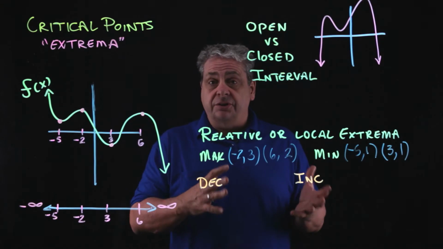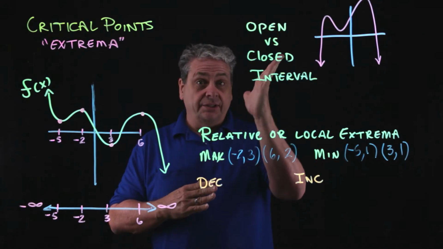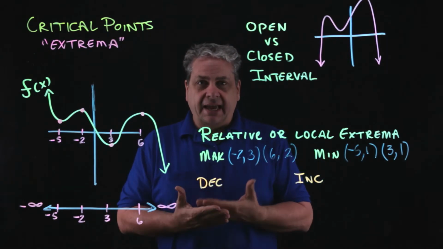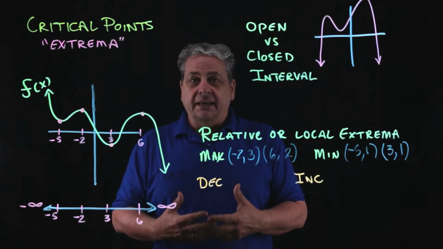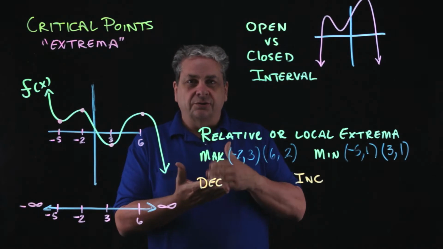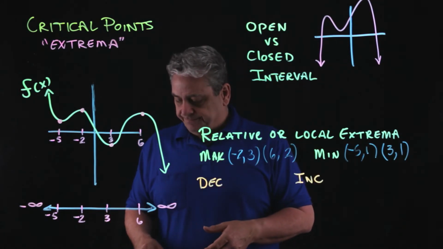Now what we know is that to the left and to the right of those, the graph is either increasing or decreasing. If we understand what's happening to our f of x values as we move left to right, if we see that as my x goes higher, so does my function, then we call that increasing.